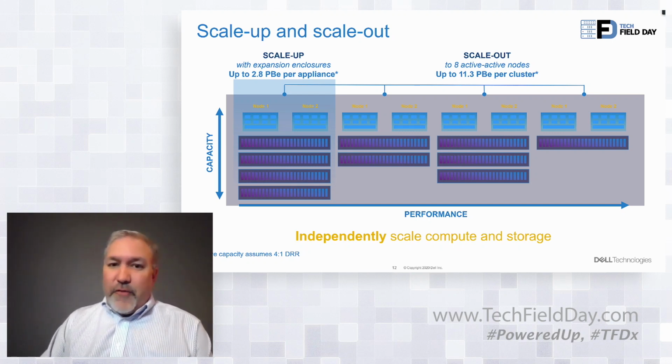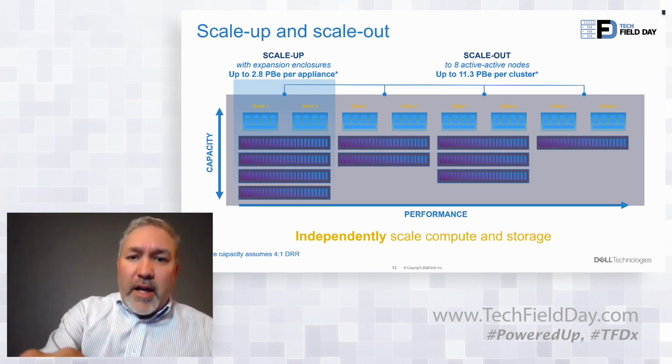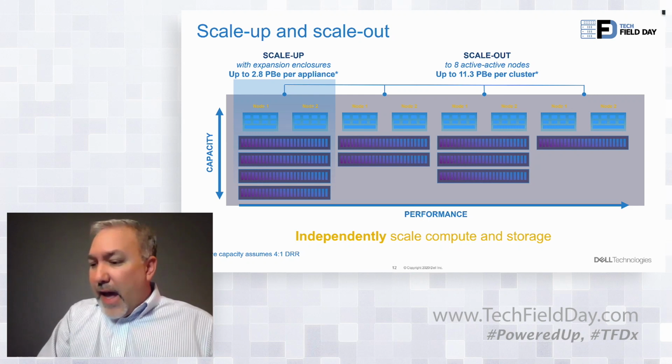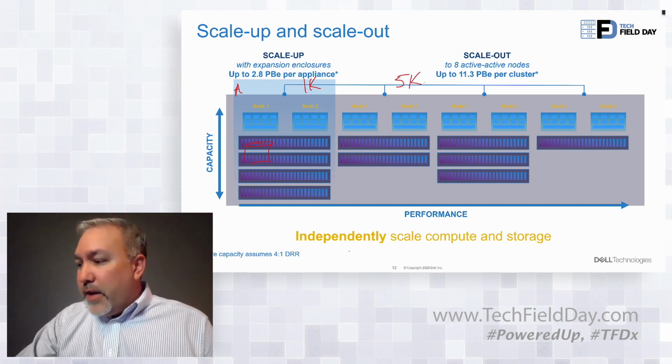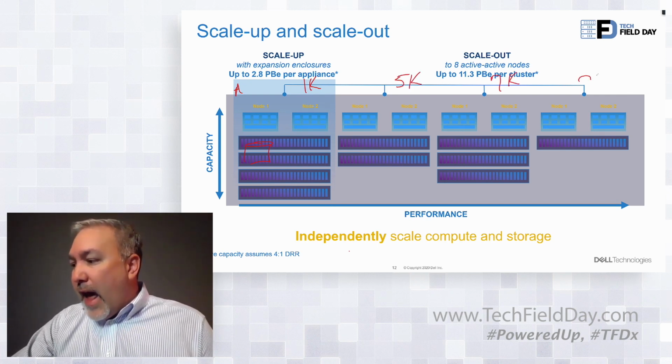So let's say, for example, in a particular cluster, I've got a volume that's sitting over here on appliance A. And by the way, we support the intermixing of appliances within a cluster. So this could be a 1,000, a 5,000, a 7,000, and a 9,000, right?